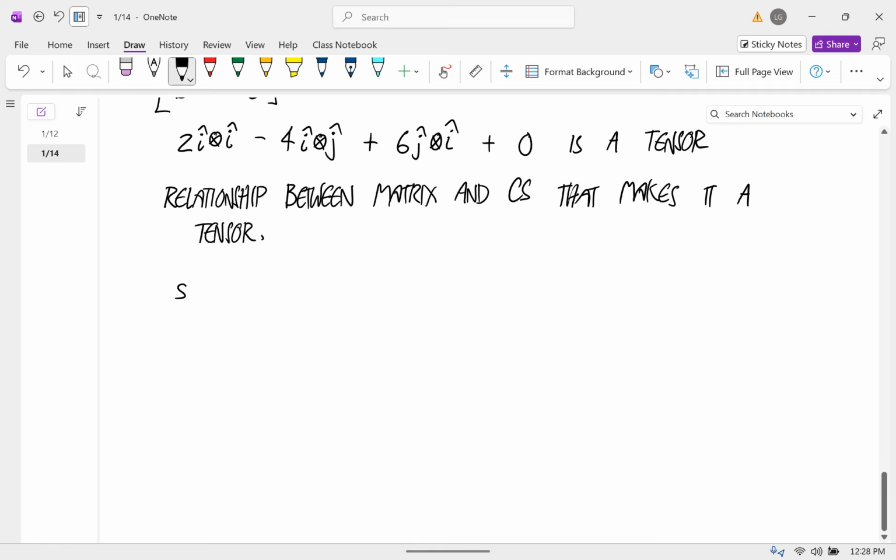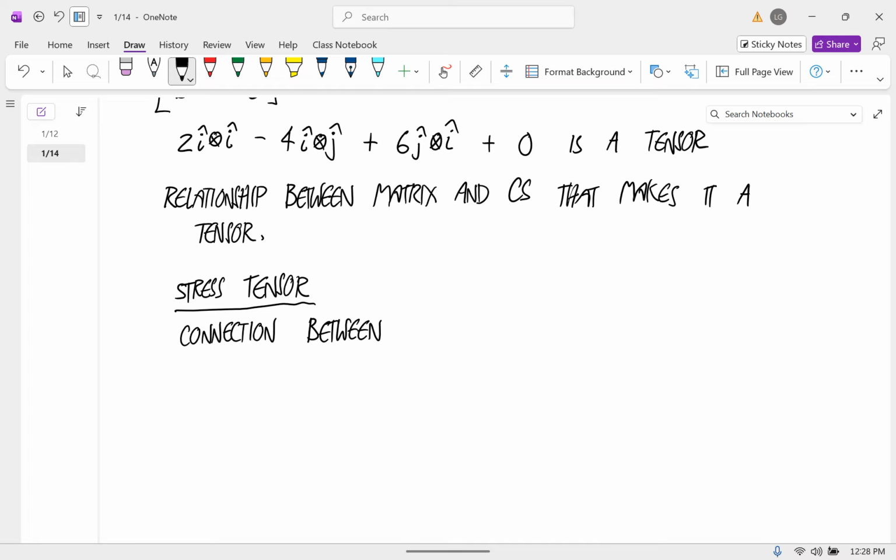Okay, so now we're going to talk about the stress tensor. The stress tensor is a connection between two things, a matrix and a physical diagram.